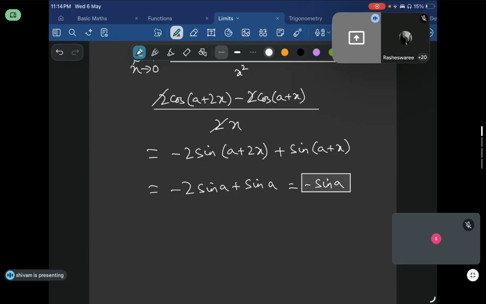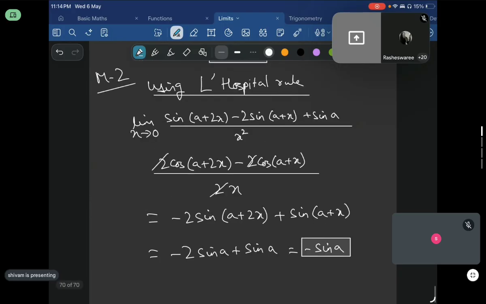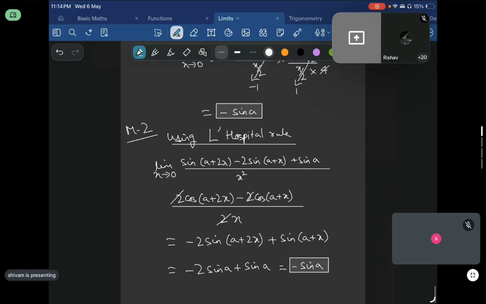Tell me, anyone having any doubt, you can ask me. Sir, could you scroll up a bit? Yes. So aren't you using the u by v form for the differentiation? No, why will I use u by v form?